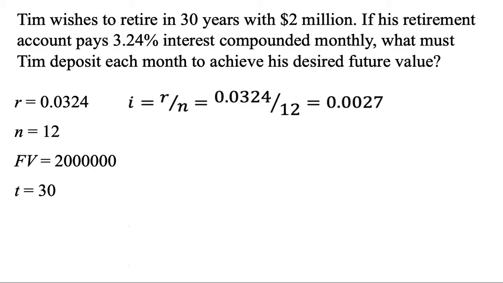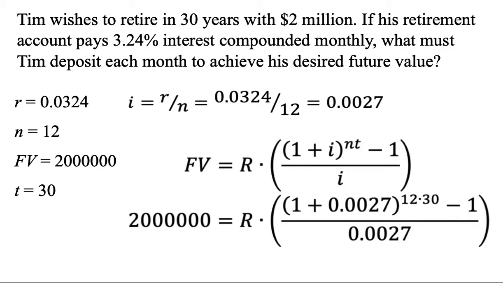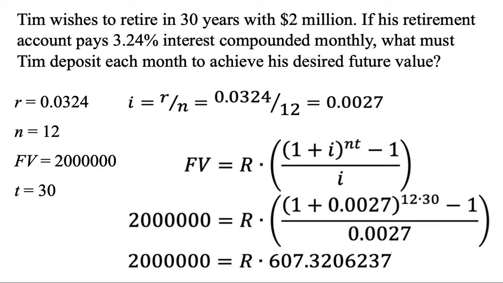Finding our I value, we find that I is 0.0027. Plugging into the future value equation, we have 2 million equaling our payment times the quantity 1 plus 0.0027 raised to the 12 times 30, minus 1, over 0.0027. Simplifying, we're going to obtain 1.0027 raised to the 360 minus 1 over 0.0027.